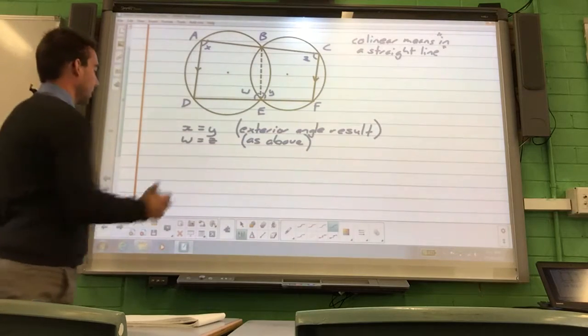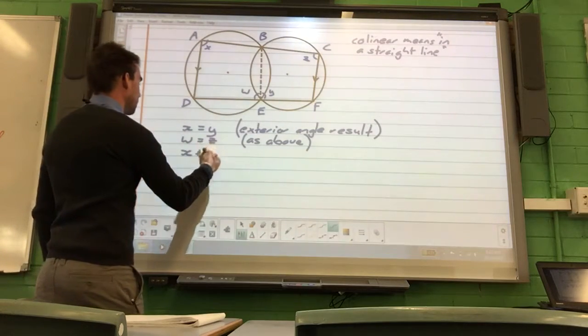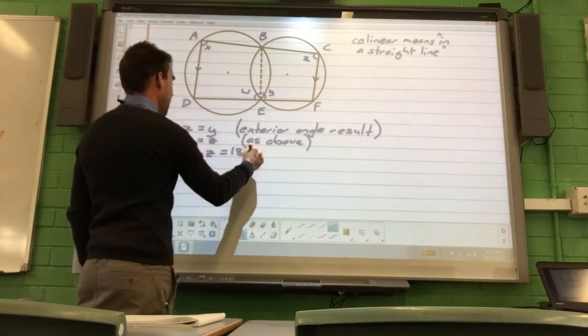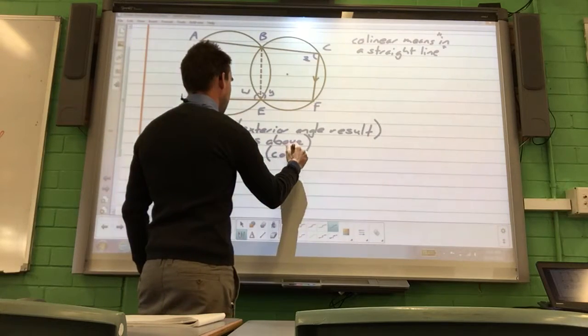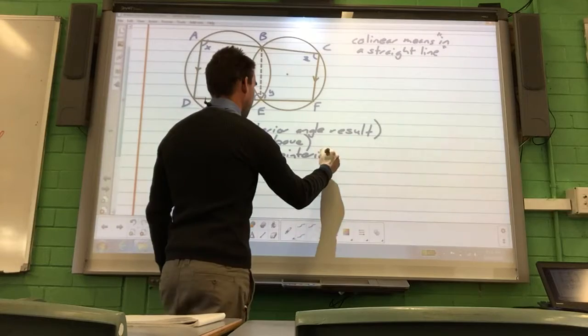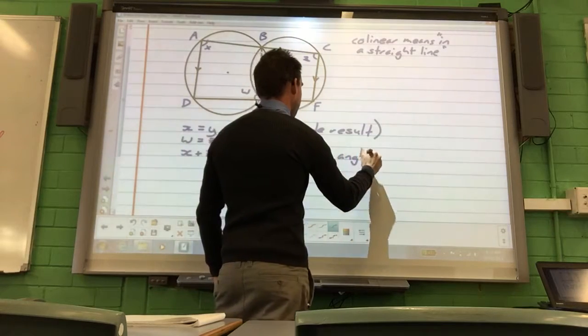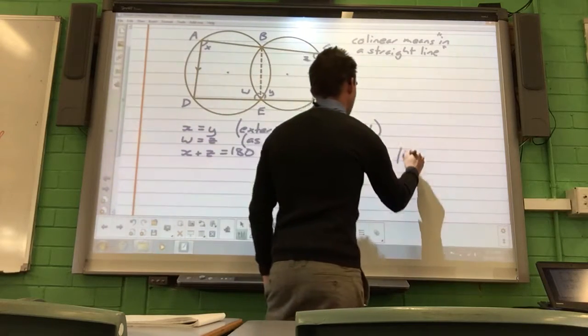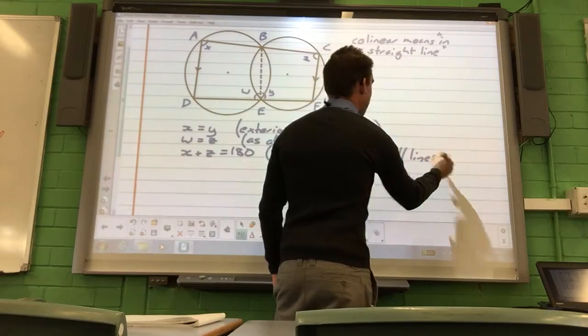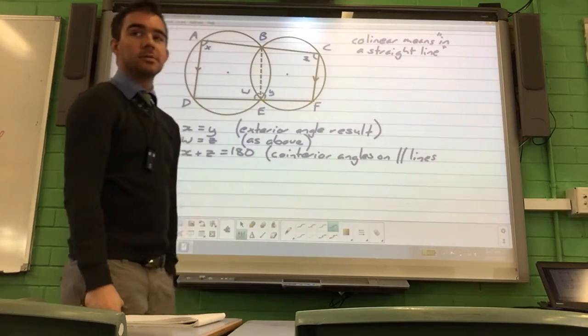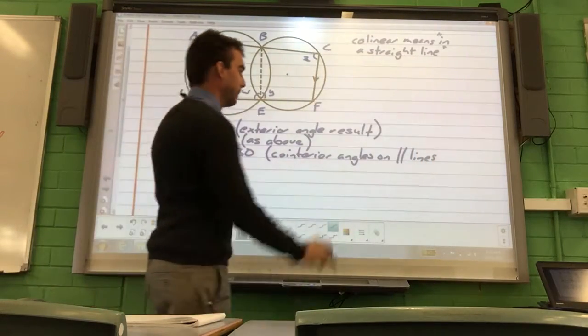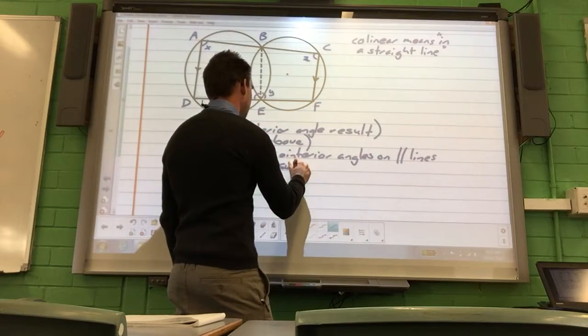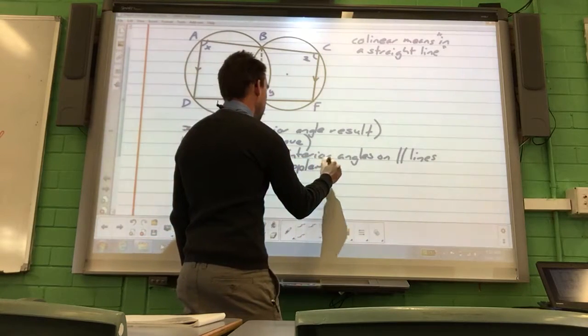Yep, so x plus z is equal to 180, co-interior. Co-interior angles are not equal, they are supplementary. The only way they are equal is if they are both 90 degrees.